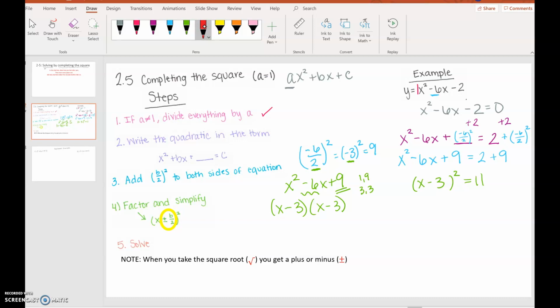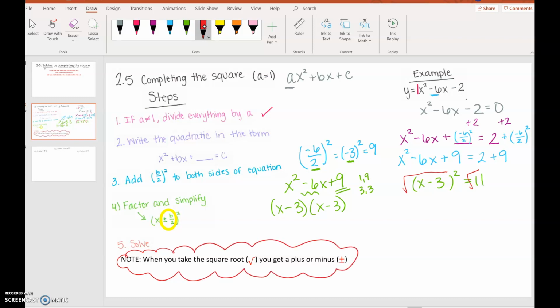And then after that, the next step is solving. So when we're solving, we want to get rid of this squared. So we're going to take the square root of both sides. And when you do that, big note down here is every time you take the square root, you get a plus or minus. So here, we don't get the plus or minus just because it's canceling the squared.